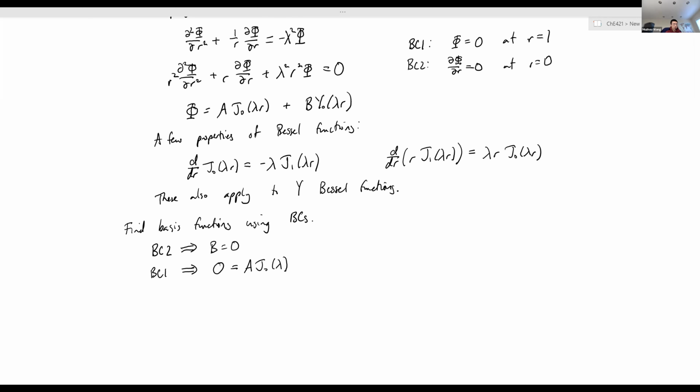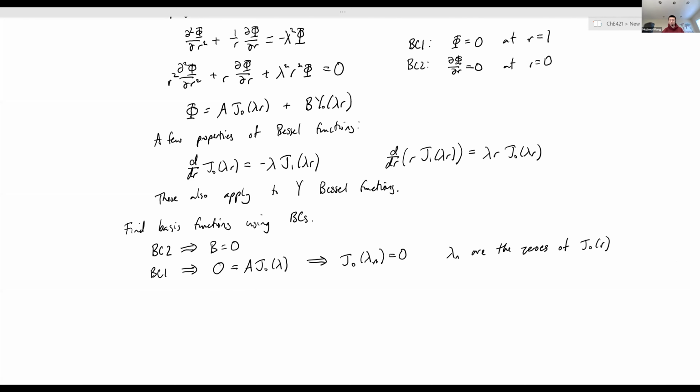That implies that J0 of lambda n is equal to 0, and I added an n here because there are infinitely many solutions to the equation, because the lambda n are the zeros of the Bessel function.